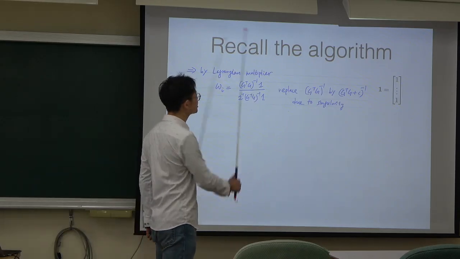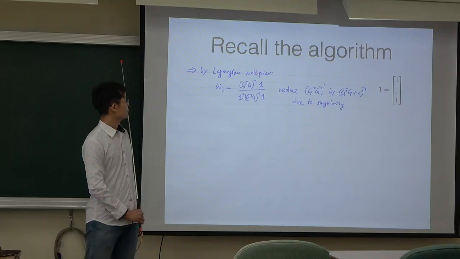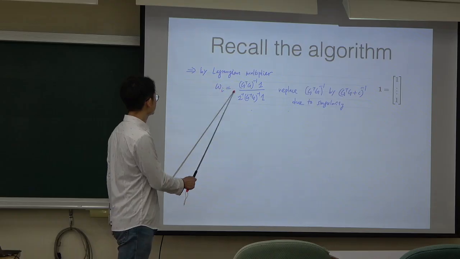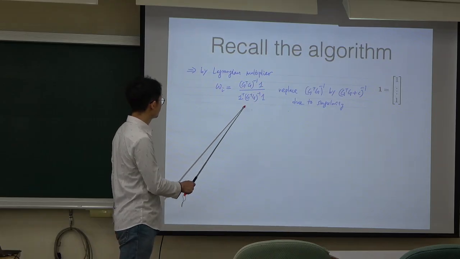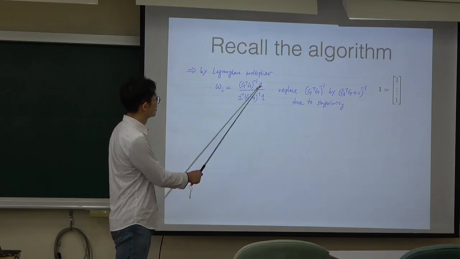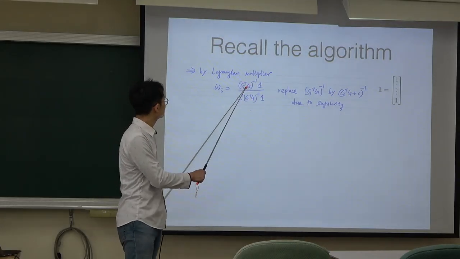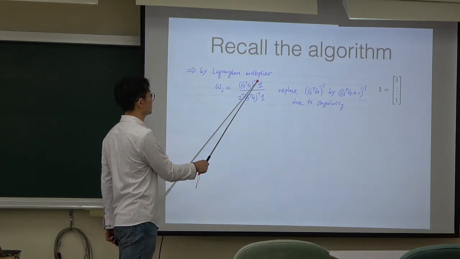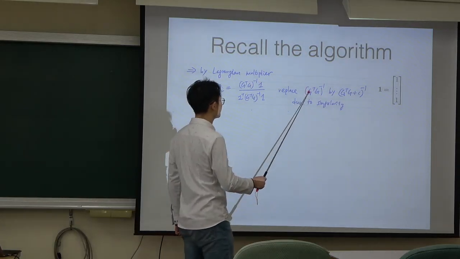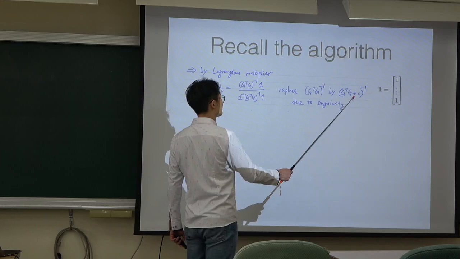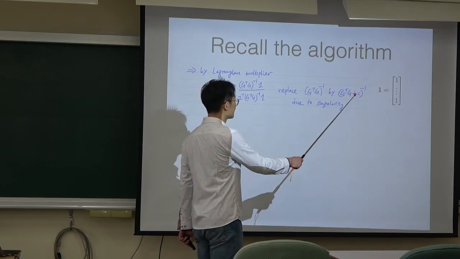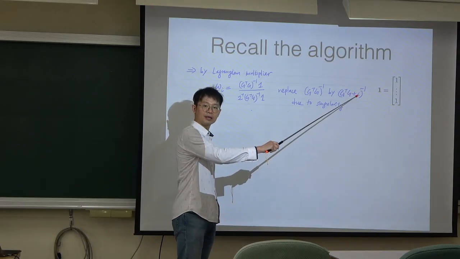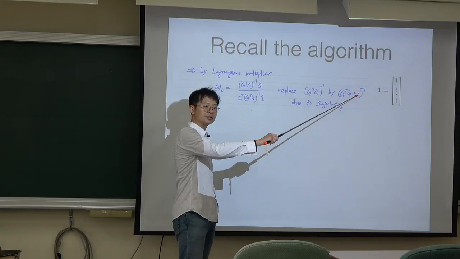And then, how do we solve this optimization problem? We just consider a Lagrangian multiplier, so that Wi is (G transpose G) inverse times 1, divided by a normalization. But in practice, G transpose G might be degenerate, so that you cannot take the inverse. So you replace G transpose G by G transpose G plus some constant C. This C is the regularizer, which plays a fundamental role in locally linear embedding.